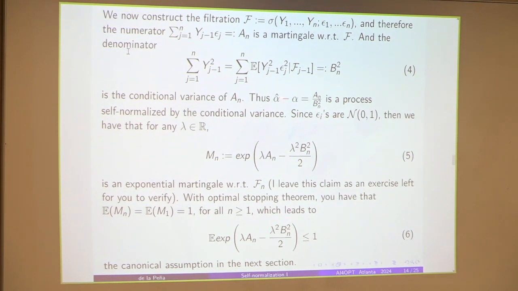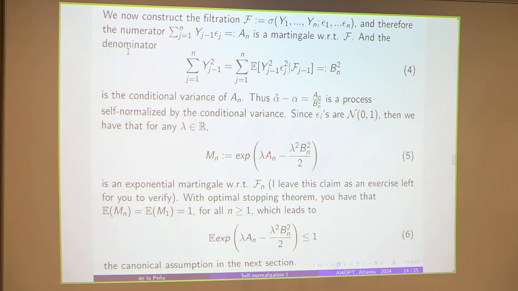Then alpha hat minus alpha is equal to a sub n over b sub n squared. And because I have a supermartingale, the expectation of this is less than or equal to 1. This is an easy exercise in time series, because you have mean 0, so this is less than or equal to 1.